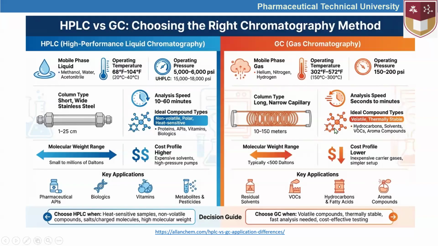Besides, GC can be effectively used for residual solvents analysis, volatile organic compound analysis, hydrocarbons and fatty acids analysis, and others. So these are about the comparison between HPLC, high performance liquid chromatography, and GC, gas chromatography.